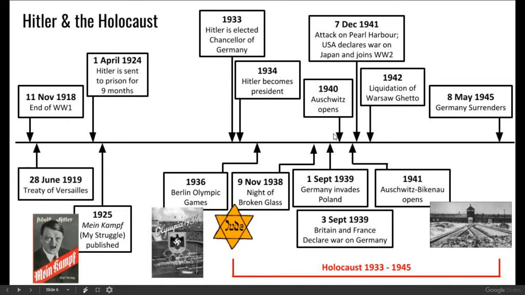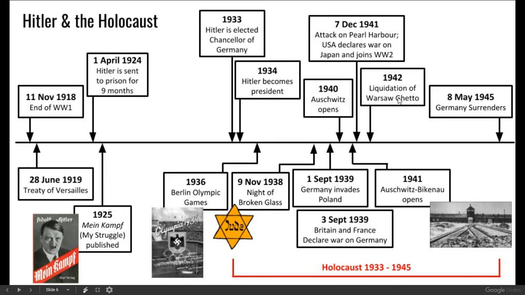Germany invades Poland. They open up the first concentration camp in Auschwitz. Then we as a country decided to get involved in the war when they attacked us in Pearl Harbor. And so we declared war on Japan and we joined World War II. And that is one of the main reasons why the Holocaust is so well known and studied here in the United States, because we were physically involved in the liberation of all the Jews that were being persecuted.